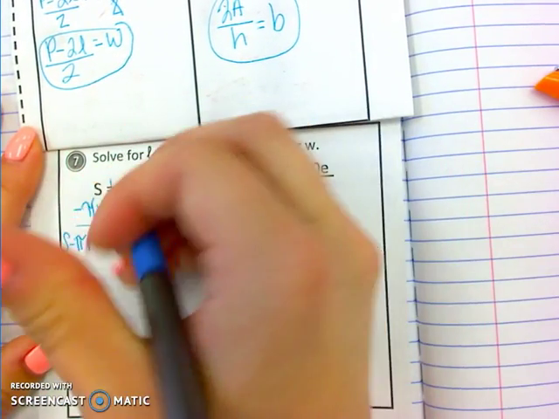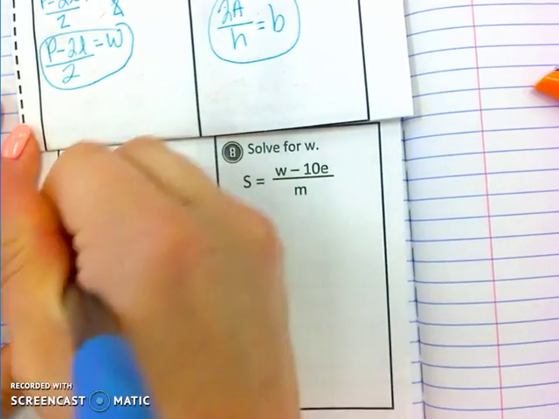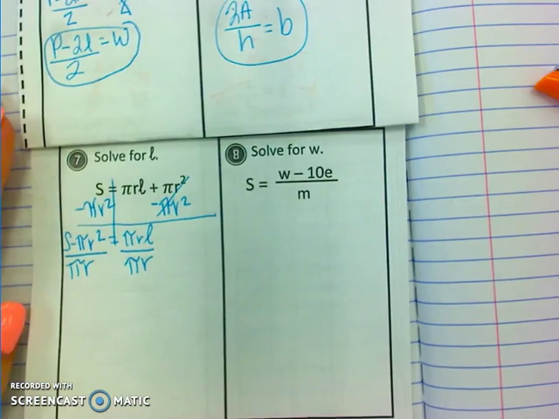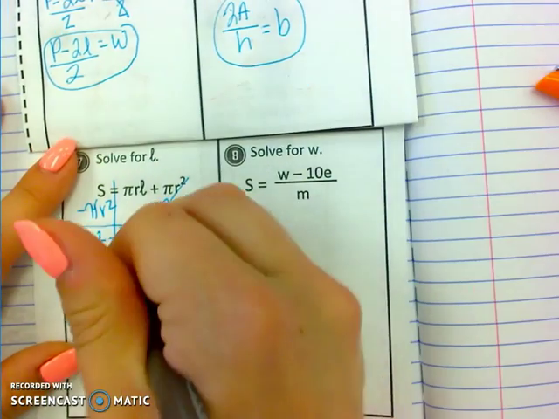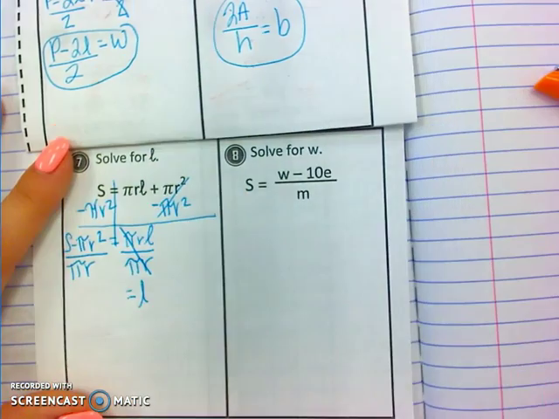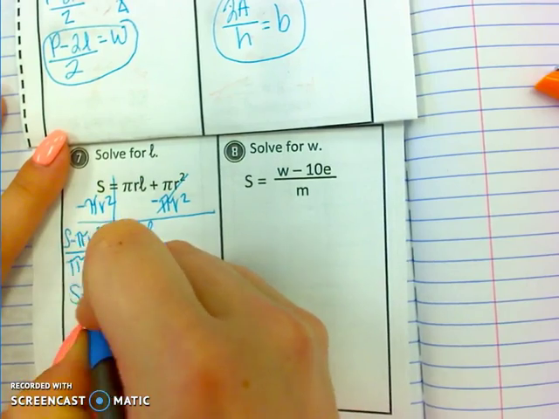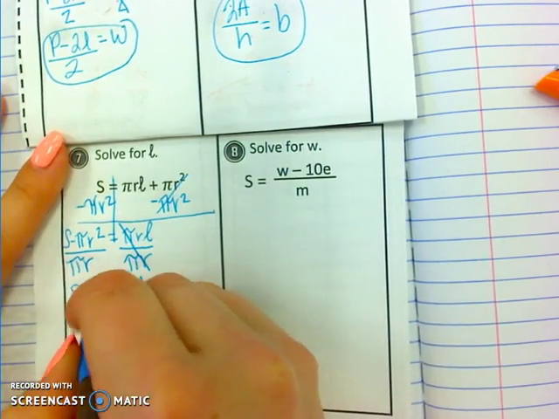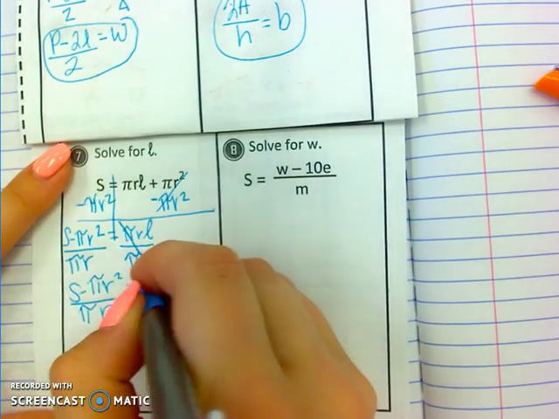It's okay to do those two things together because it's the same operation. Divide by pi times r. Okay, so we have this is canceled. I'm left with L equals S minus pi r squared divided by pi times r. That is your final answer.